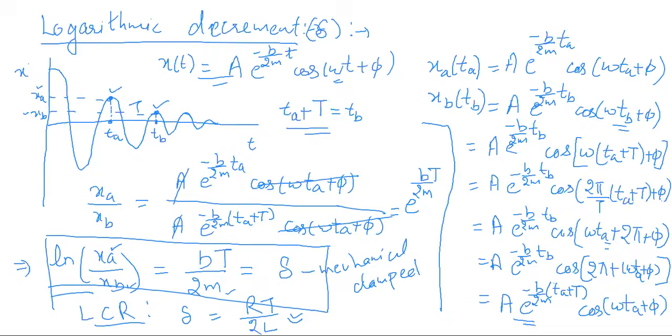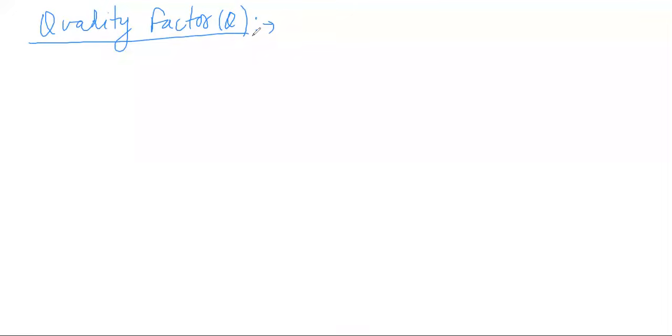Now coming to the second term that we associate, the quality factor. Let's first talk about the mathematical derivation of this, and then from there we'll try to associate some physical meaning with it. As the name suggests, quality, roughly you can say that it links with the quality of your oscillation, how close you are to the undamped case. This basically gives you information about that.